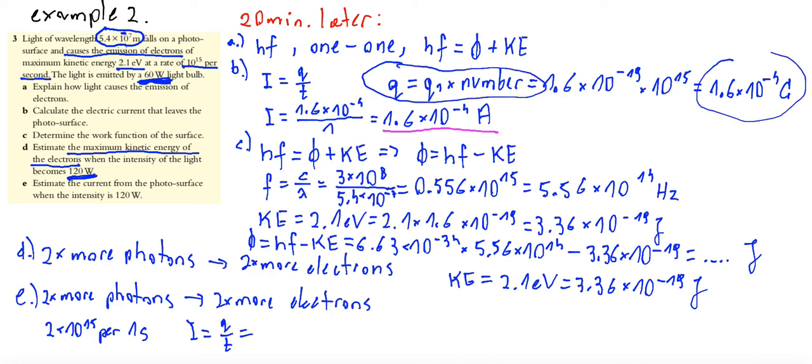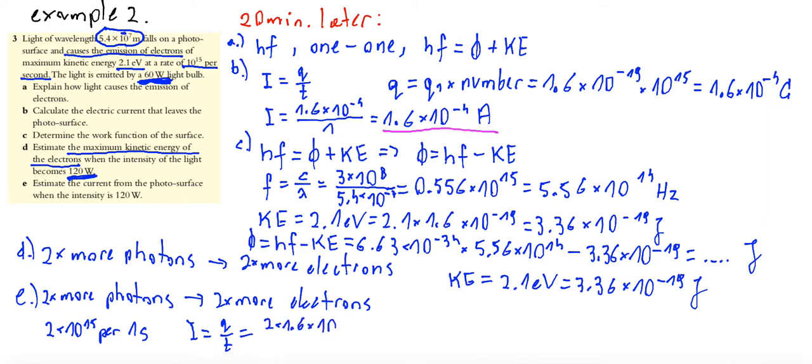So not 1.6 times 10 to the power of minus 4, but 2 times 1.6 times 10 to the power of minus 4, because in 120 watts light we have 2 times more photons, so 2 times more electrons emitted, so the total charge emitted is 2 times bigger. So current in this case will be 3.2 times 10 to the power of minus 4 amperes.